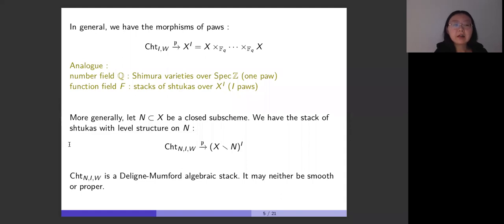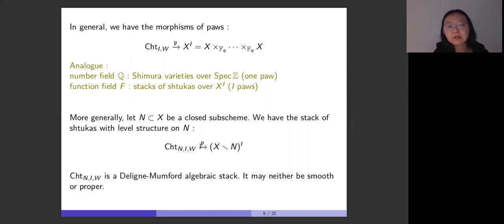More generally, you can have a stack of shtukas with level structure, like a Shimura variety with level structure. So you take N, a closed subscheme of the curve. We can define the stack of shtukas with level structure on N. So they are over the copies of the curve outside the level structure.